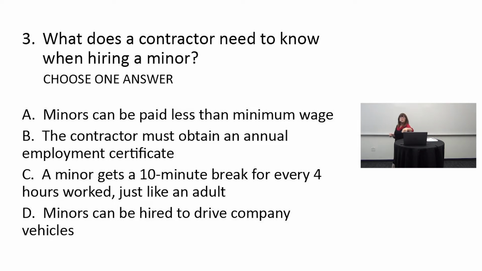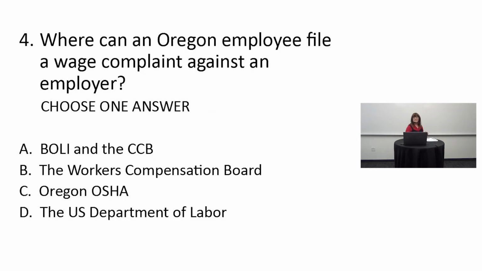D, minors can be hired to drive company vehicles. Choose one answer. What does a contractor need to know when hiring a minor? Answer here is B, the contractor must obtain an annual employment certificate. A little factoid you may not have known.